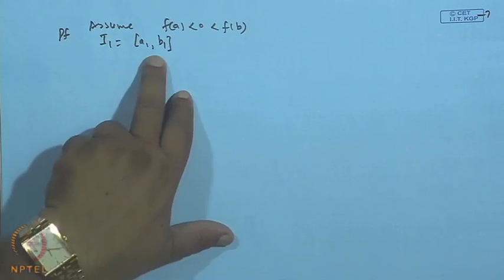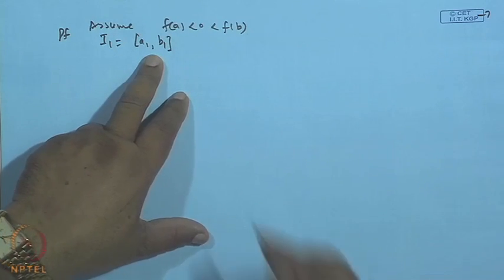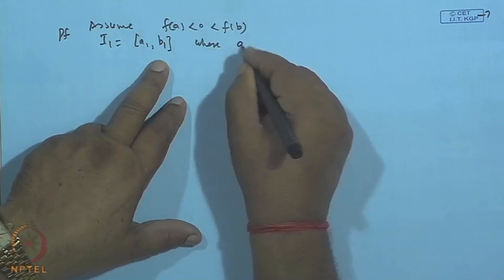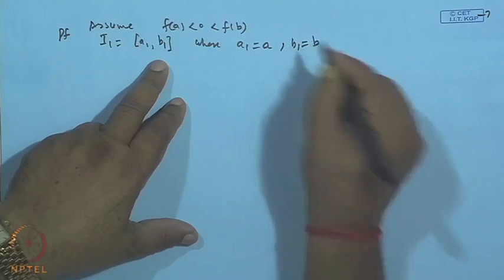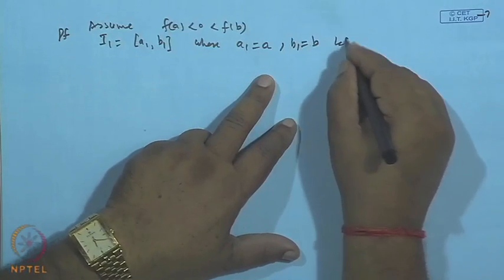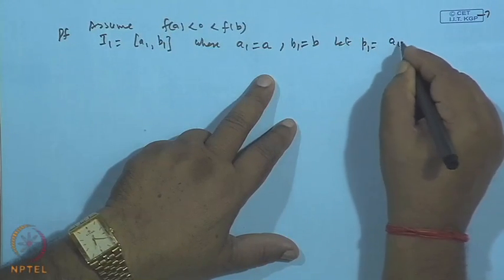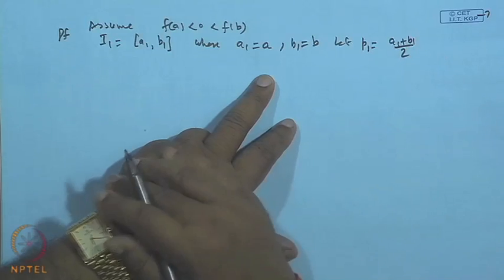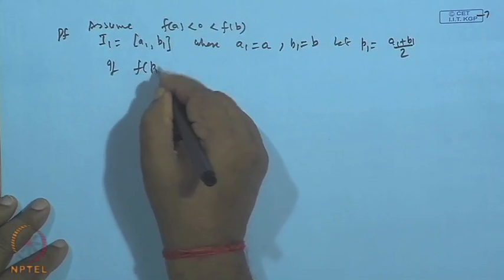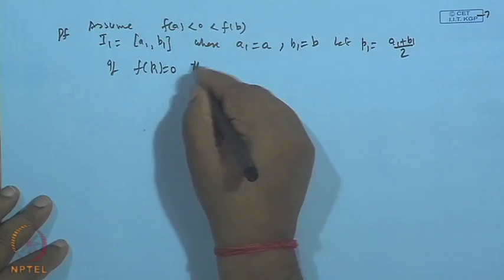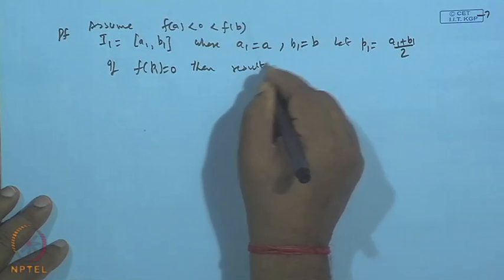Now, I_1 is the interval where a_1 is a and b_1 is b. And let p_1 be the middle point, (a_1 + b_1) by 2. Now, if f of p_1 is 0, then the result follows, is it not?